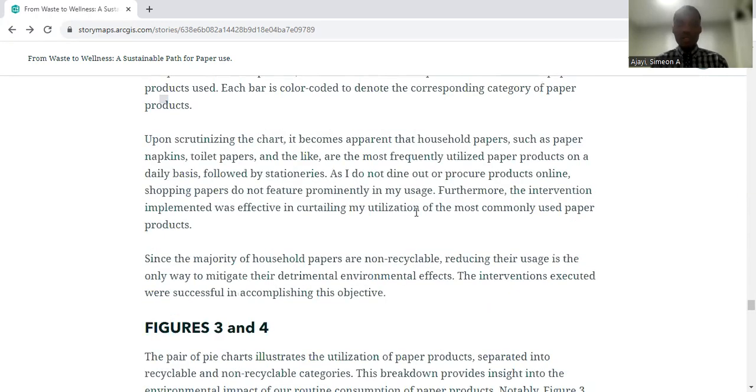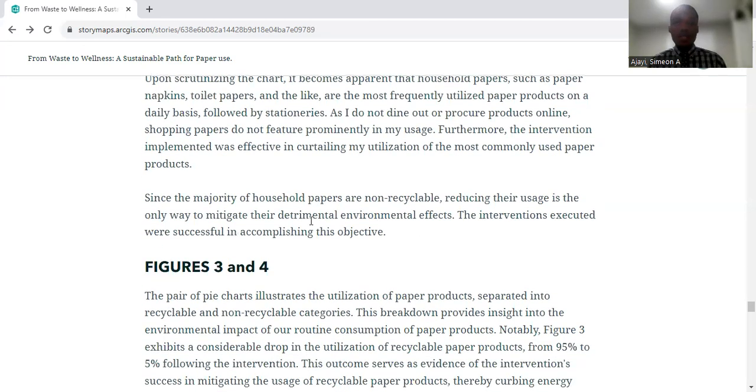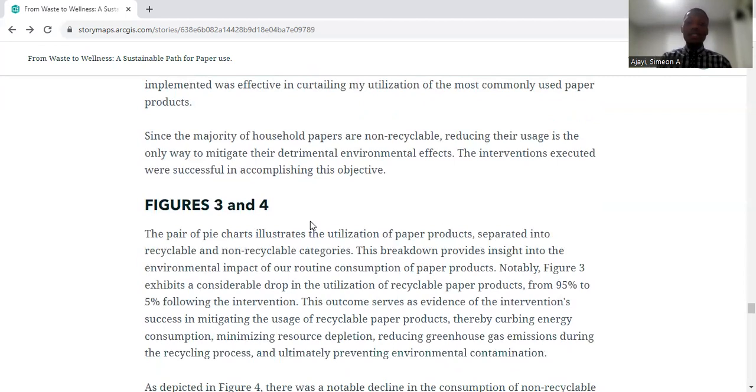Furthermore, the intervention implemented was effective in curtailing my utilization of the most commonly used paper product, which is household paper. Since the majority of household papers are non-recyclable, reducing their usage is the only way to mitigate their detrimental environmental effects. So the interventions executed were successful in accomplishing these objectives.